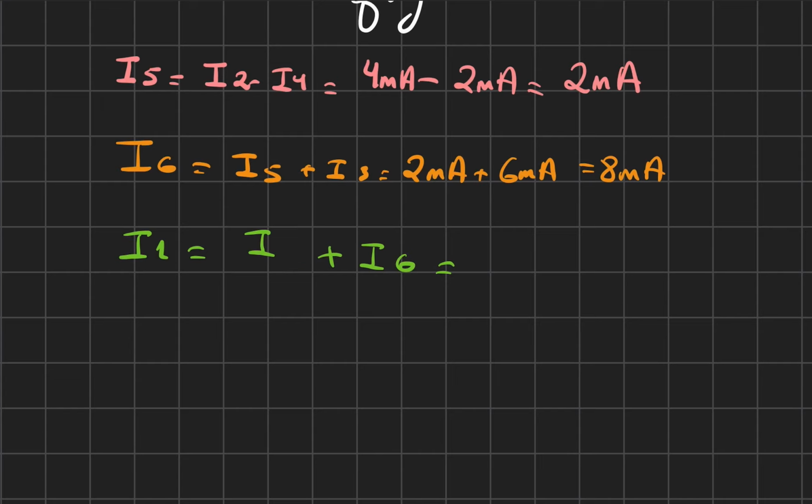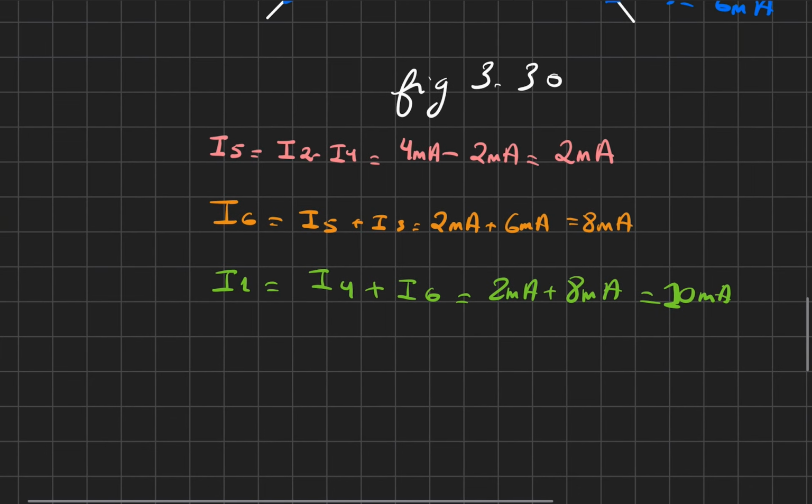I2 is 2, not I2, I'm sorry, I4. I4 plus I6, I4 is 2 milliampere, I6 is 8 milliampere. That gives us 10 milliampere. So 10 milliampere.